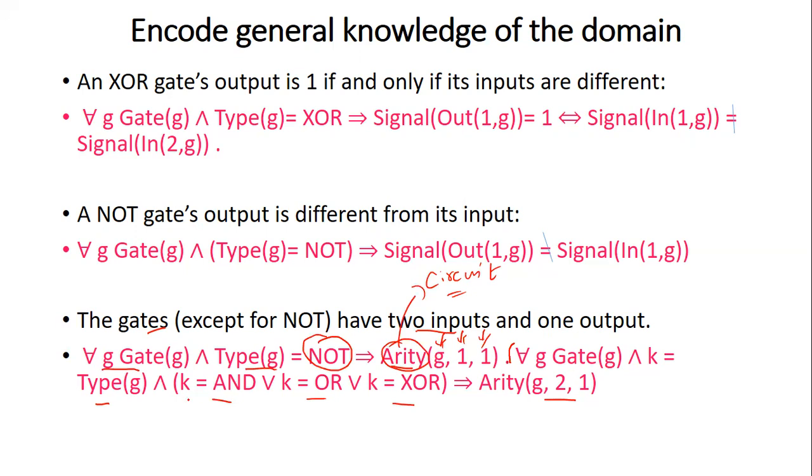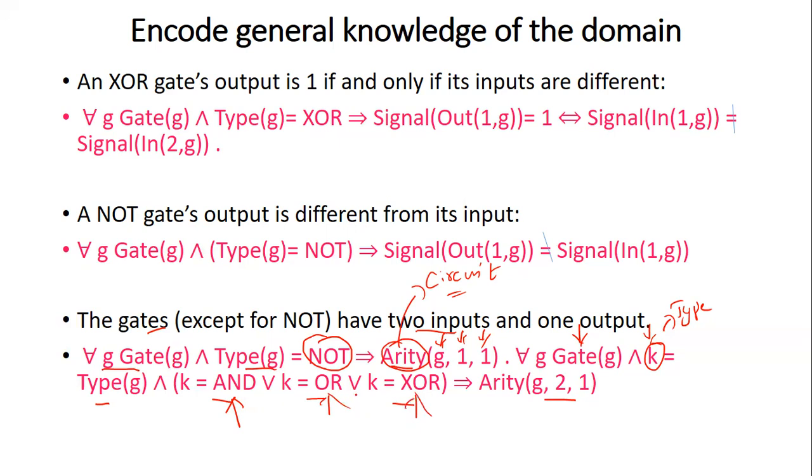Here this K represents the type of the gate, and K can be either AND, OR or XOR.